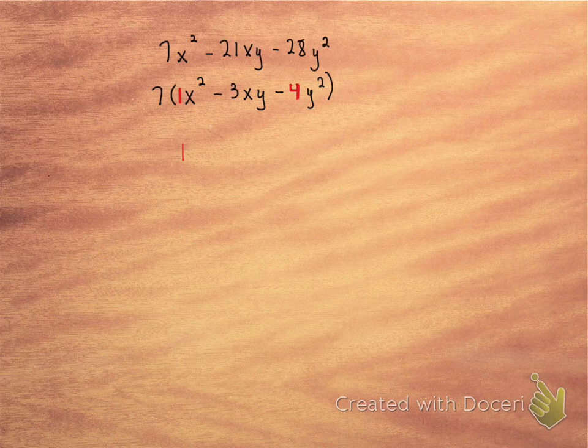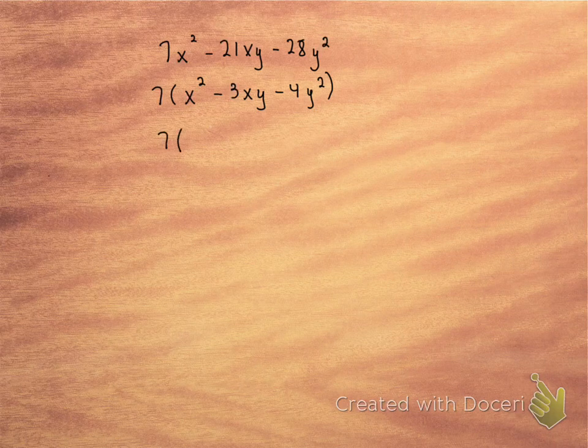The square root of 4 is 2, and I'm going to multiply those together and then double that. Well, this is not a perfect square trinomial because 2 times 2 is not 3. So don't assume it will always work because it doesn't always work. That was a really good example to show that not every single trinomial that begins and ends with perfect squares is actually a perfect square trinomial. This is one of those instances.